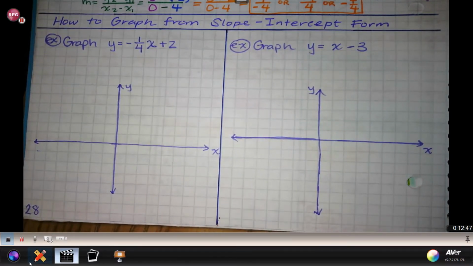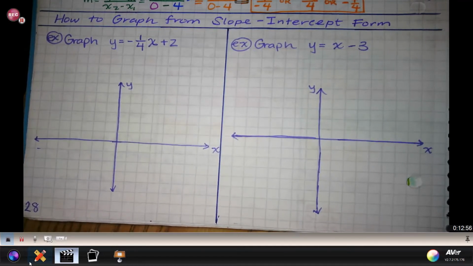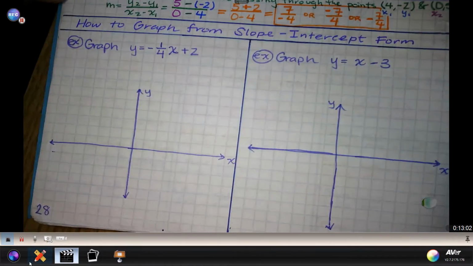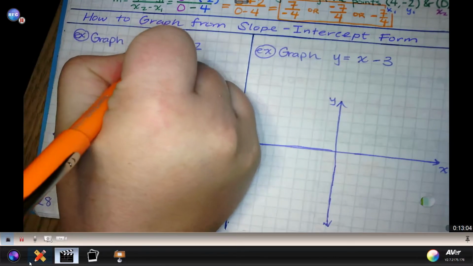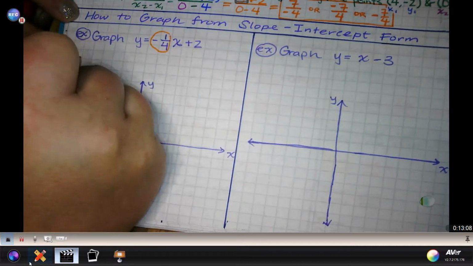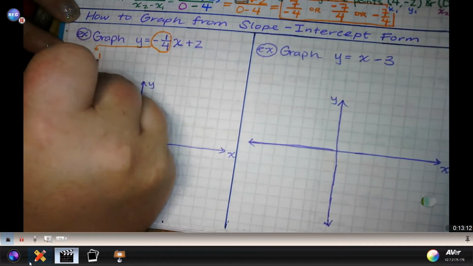Well, now that we have slope-intercept form, we can actually do a little bit of a shortcut to figure this out. So remember that these are in a specific form and that M is our slope, and I'm color coordinating. I'm using the same color I used for M up here. Okay. So in this case, M is equal to negative 1/4.